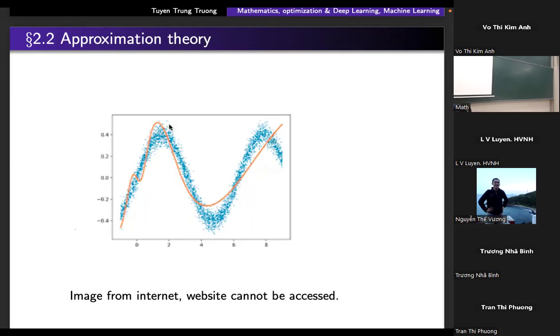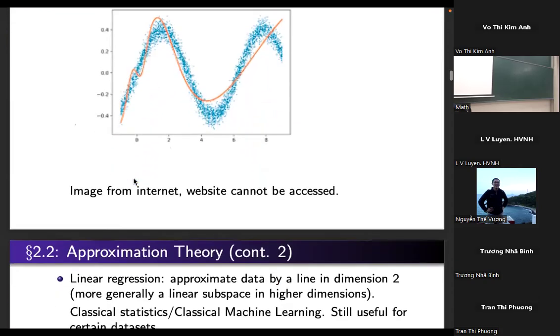And this is the picture of the problem in classical statistics. I said before that you have the blue ones, your data, and you try to fit it to some curves. This is maybe some degree, and this is the best one that you can get.